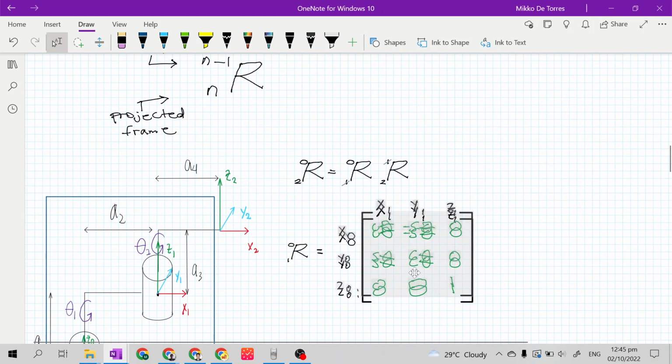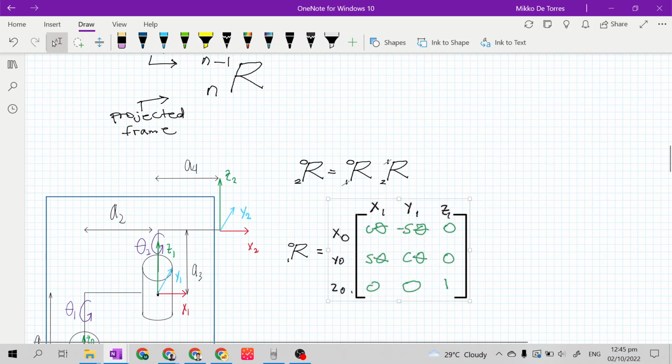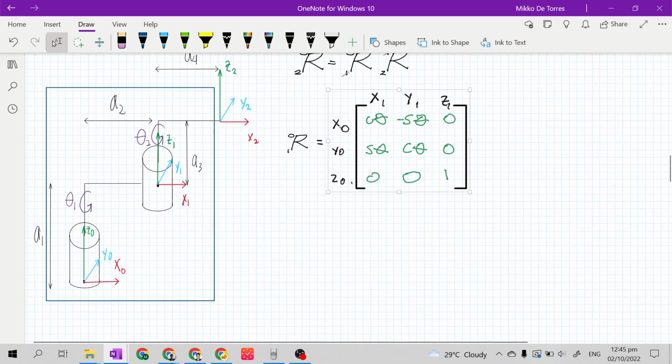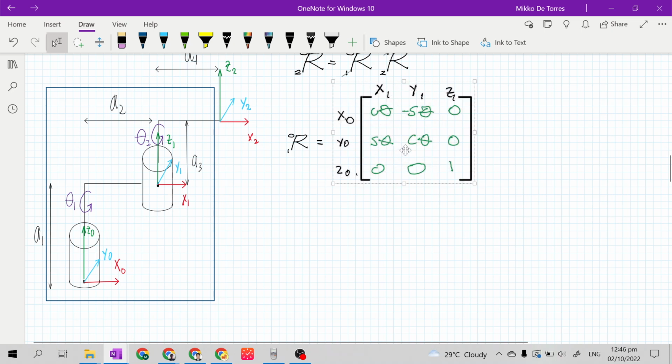So this is already z0, x0, y0, z0, x1, y sub 1, and z sub 1. We will have a rotation at the z-axis, so we will use the derived z rotation matrix.